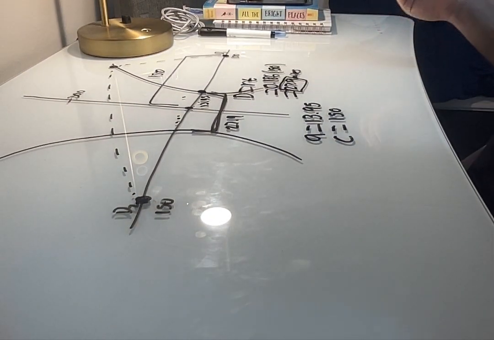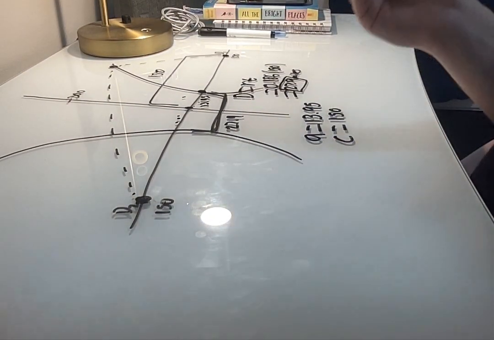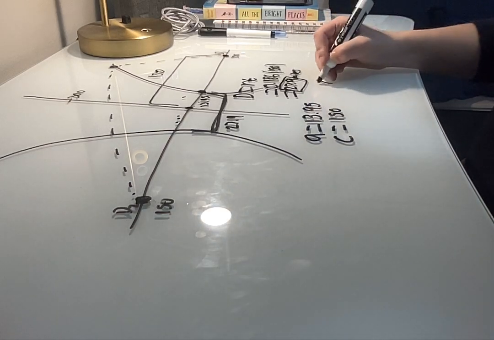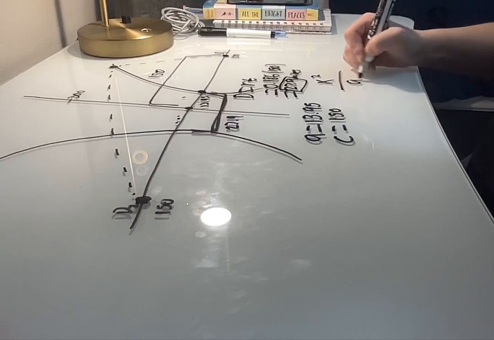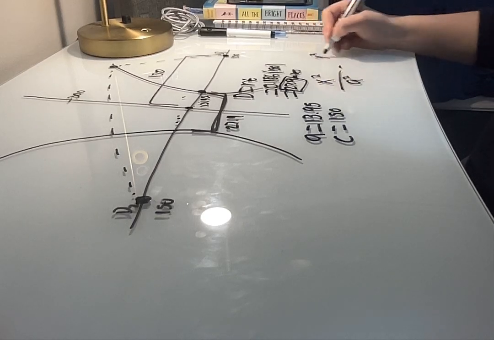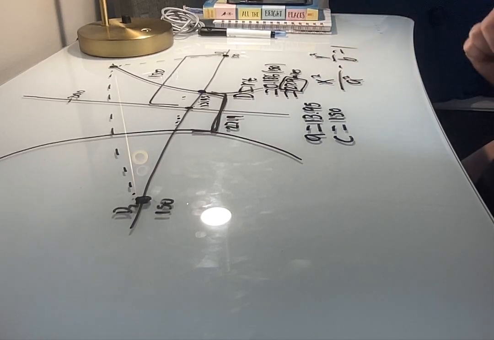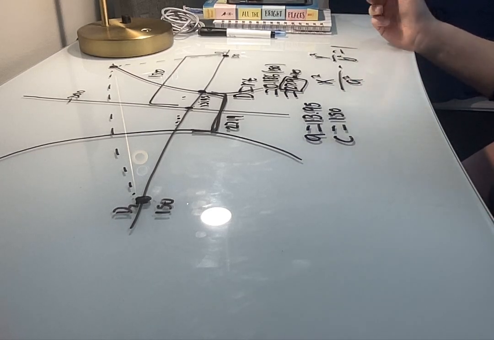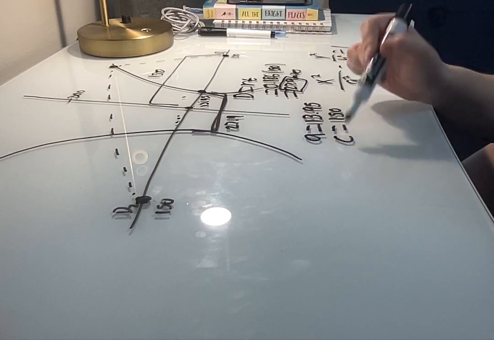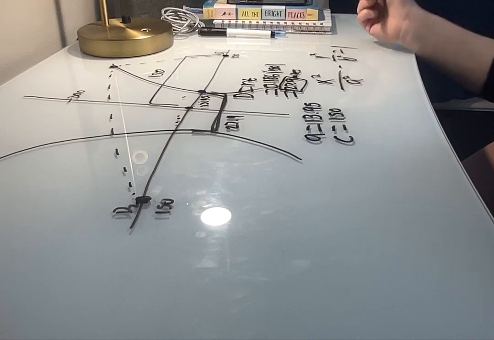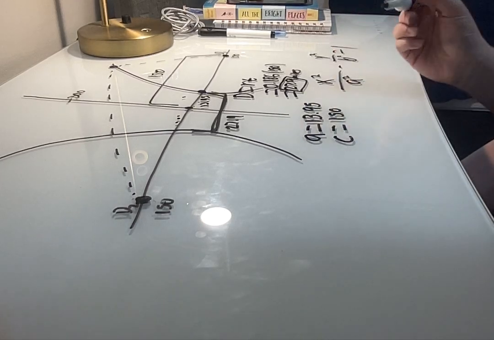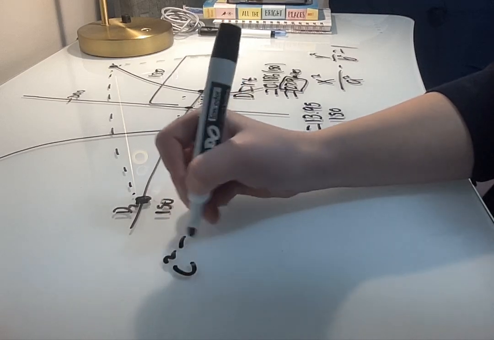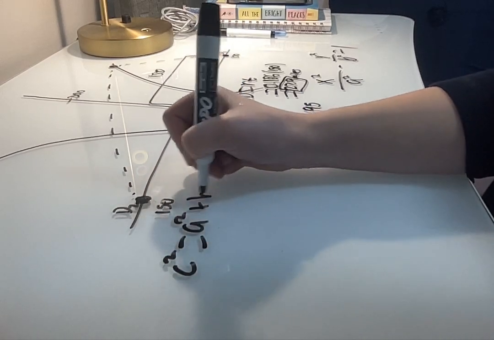And now the equation for a hyperbola, we can put it over here to remind ourselves: x squared over a squared minus y squared over b squared equals 1. And so we have a and c here, but we don't have b yet. And to find b, we can use c and a. So we can do c squared equals a squared plus b squared.